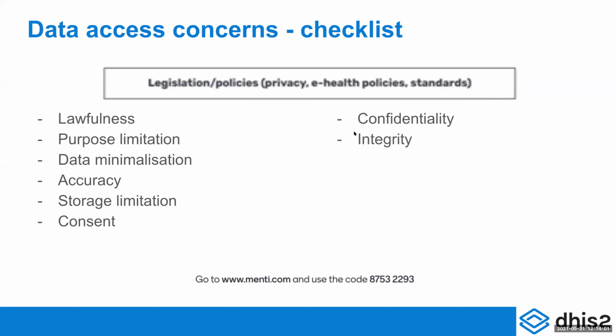The next one is integrity. This is about making sure that personal data is secured against accidental or unlawful destruction, loss, or alteration. So if it's very easy to go and change something in the system without anyone noticing, this might be a loss of integrity.